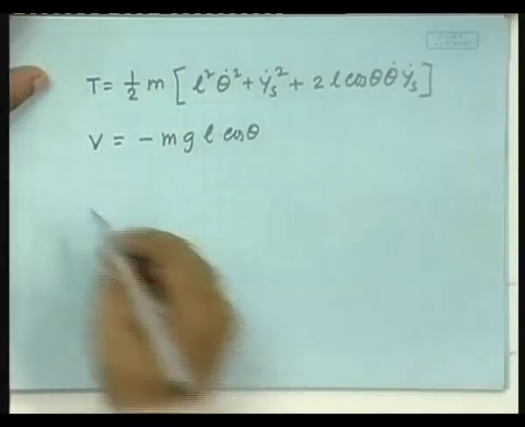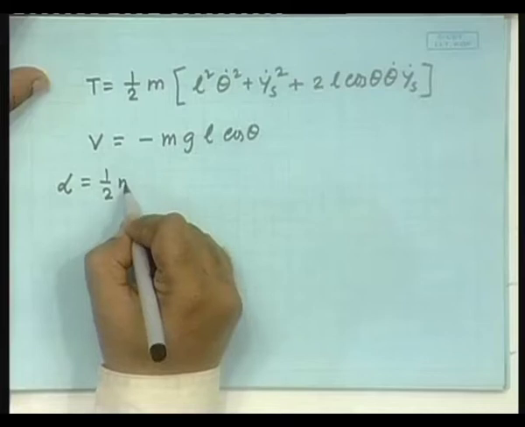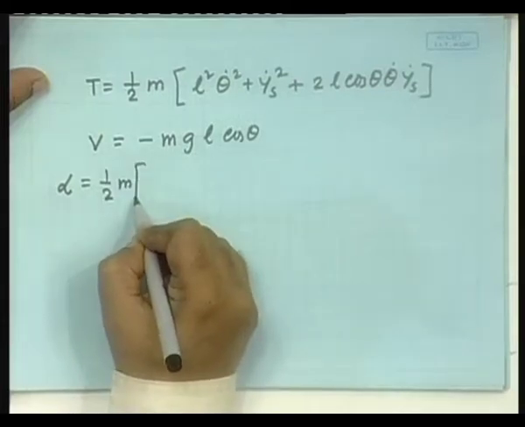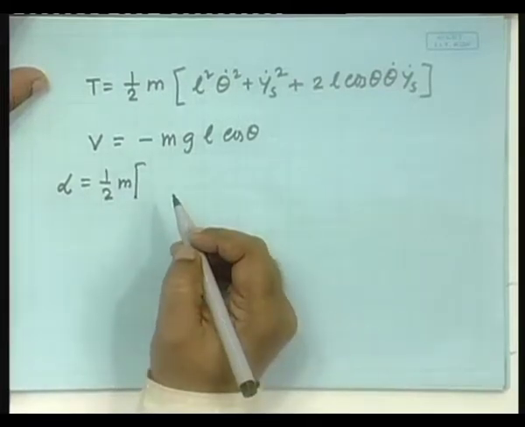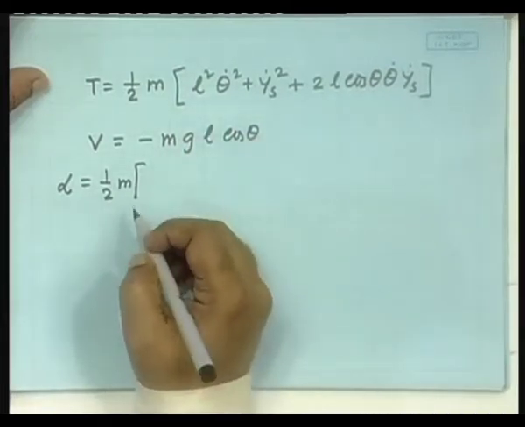Okay. So, your Lagrangian becomes this whole thing, half m. Let me get rid of this bracket.